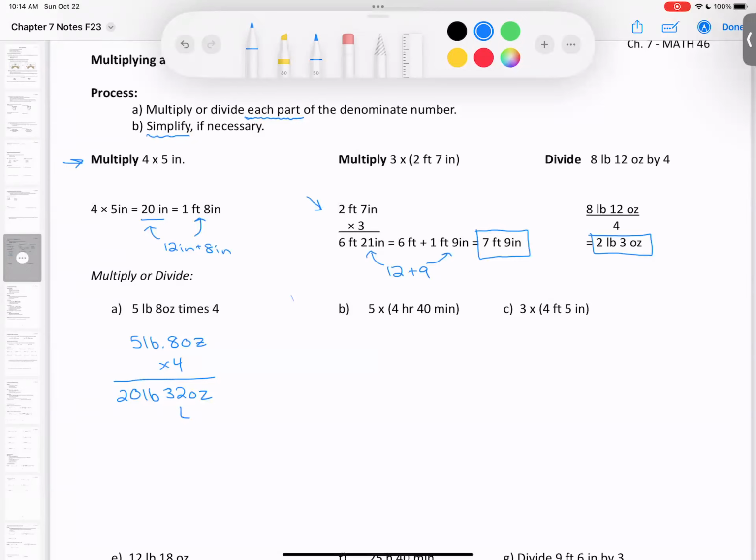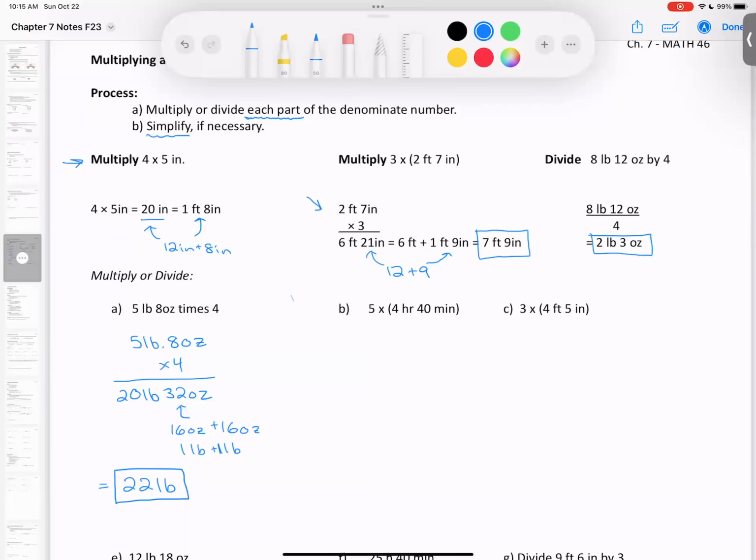So we need to figure out how many groups of 16 we can make out of 32. And there's 2, because 32 is 16 plus 16, so that's 1 pound plus another pound. So that means our final answer then would be 22 pounds. And there's 0 ounces left over. So we can just call that 22 pounds even.